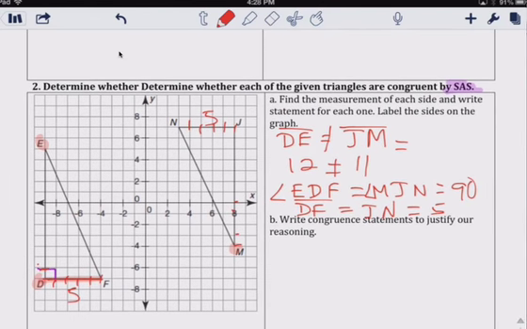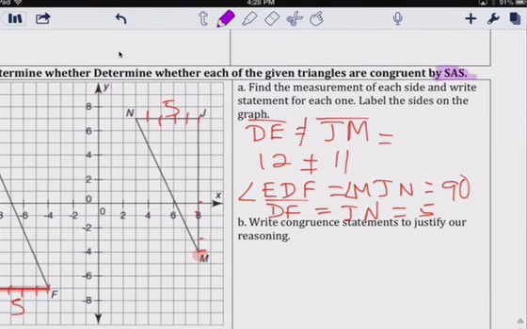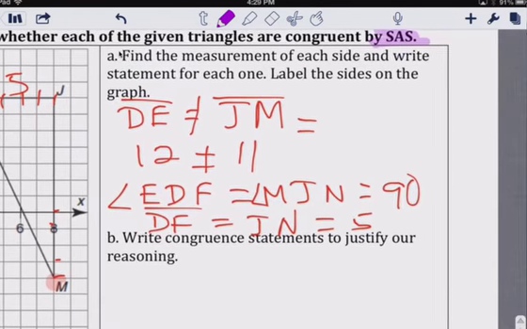The two triangles are not congruent because one of the sides is different.